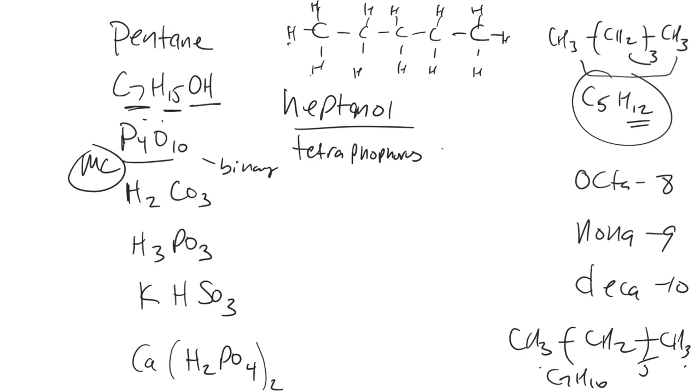So deca oxide. And the only little tidbit is that last element goes with its -ide ending. So we go oxide for the ending for oxygen. The first element just keeps its ordinary name.